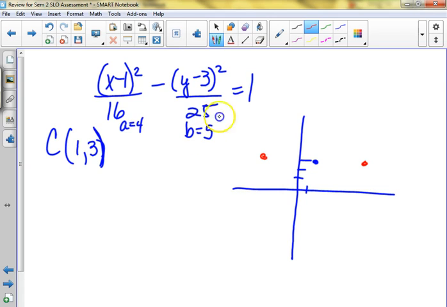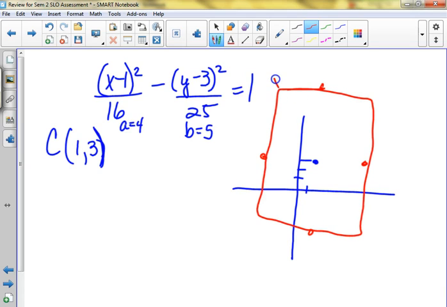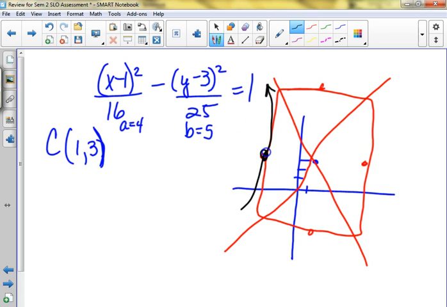And 5 each way in the Y direction. Then I draw the magical box and I draw the asymptotes. Then what? Where? On the left and right. This is a vertex. And this is a vertex.